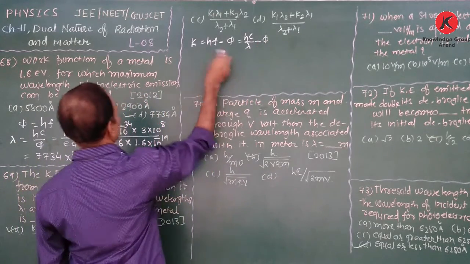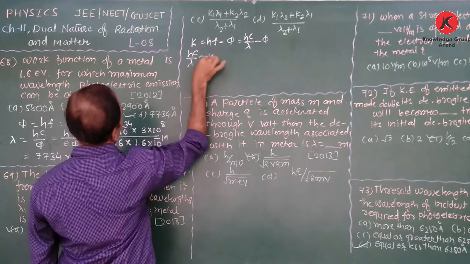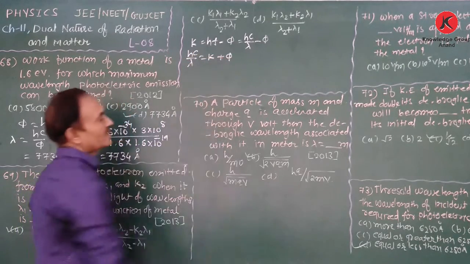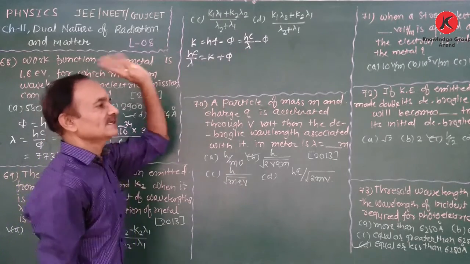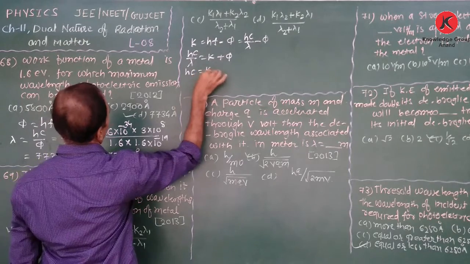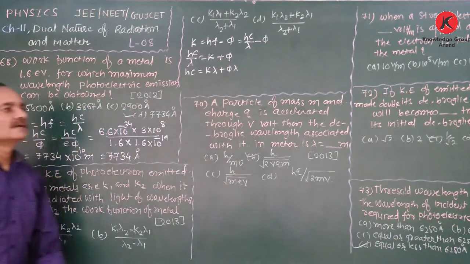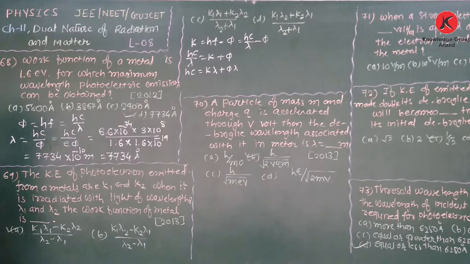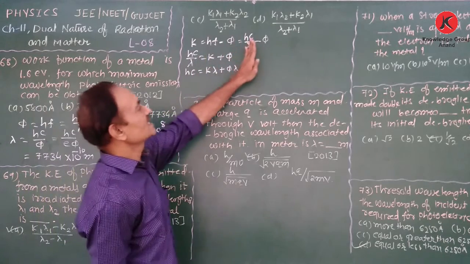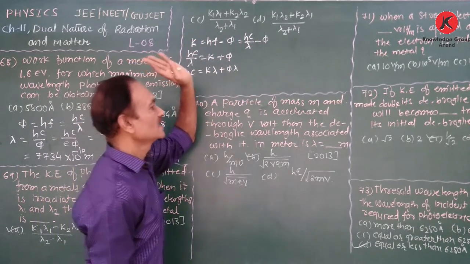So from this equation, hc upon lambda is equal to K plus phi, taking phi to the left hand side. Therefore, hc is equal to K lambda plus phi lambda.